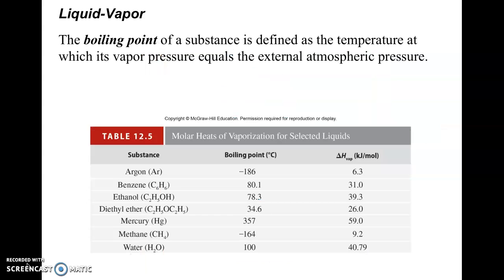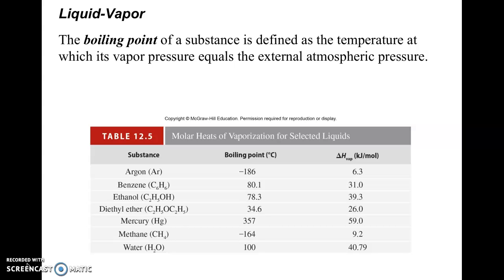All right, so we're going to talk about boiling point. The boiling point is the temperature where a liquid undergoes a phase change, going from a liquid to a gas phase. And here are some boiling points of different materials. Argon, which is a noble gas, has a very, very low boiling point, minus 186 degrees C, so that's something we always see as a gas, and its delta H of vaporization is very low.